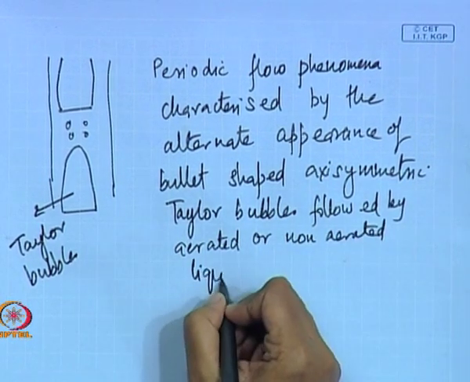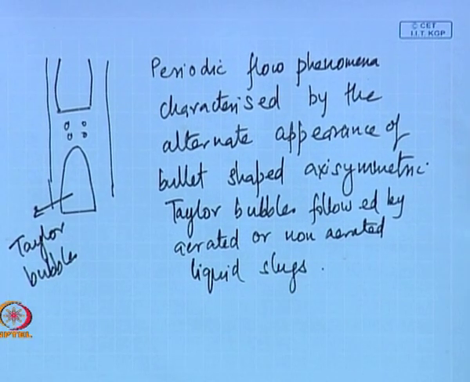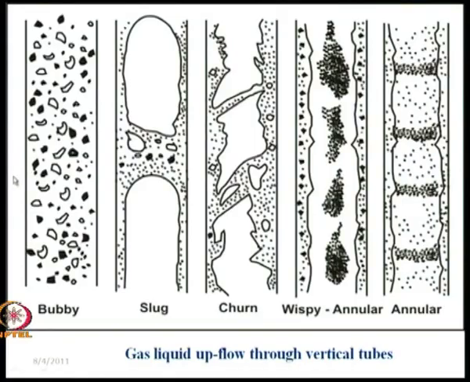So, if you compare the bubbly flow and the slug flow which has evolved from bubbly flow, just by increasing air, keeping everything else constant, we find that definitely the distribution is widely different here. Here it has a homogeneous appearance. If you observe one particular cross section, you will find the same thing.